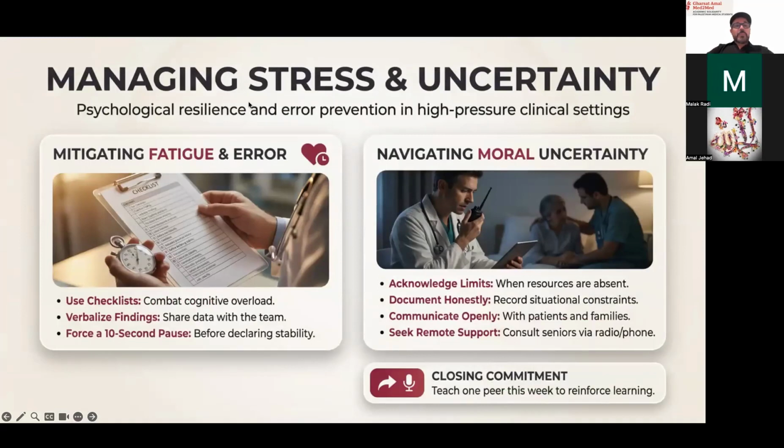Okay. Managing the uncertainty. When you are fatigued, you make errors. There's no problem if you take even 20 seconds. Listen, one day I had a very, very stressful day. Two of my patients in resuscitation, both of them, their heart stopped at the same time.